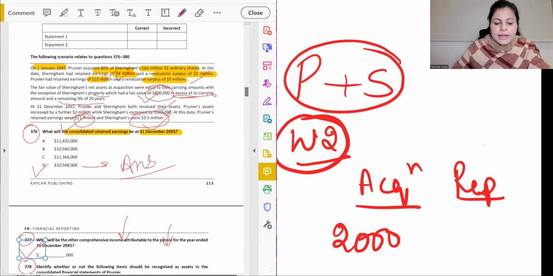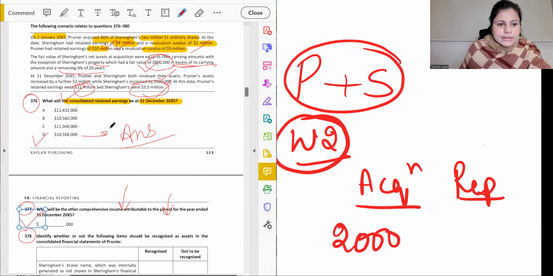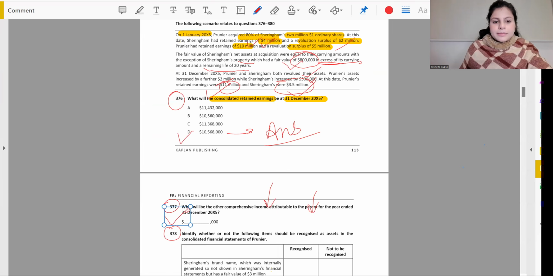What was my reporting date subsidiary's revaluation surplus? Where is it given? Read the question again. Come on, read this. What is given to you?